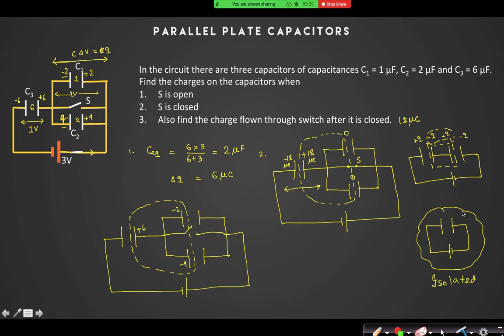This system is also isolated because a battery is a neutral element, right? You can have a battery inside your isolated system, no problem. The only thing you have to remember is that whatever boundary you are making, nothing should cross that boundary. Then it will not be isolated.